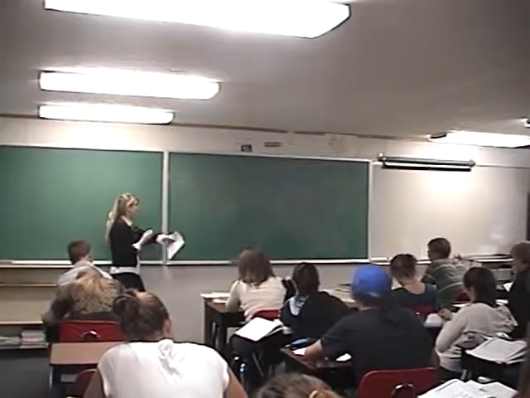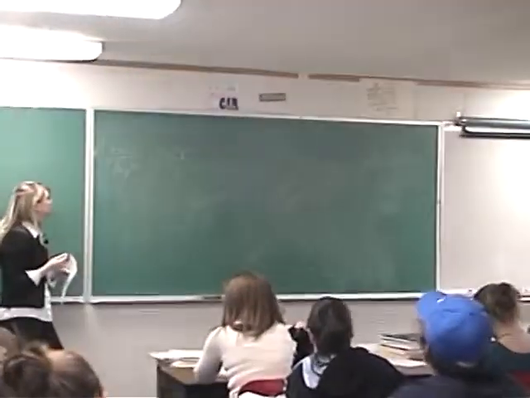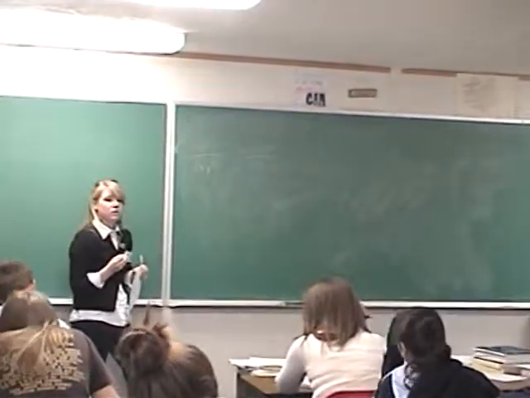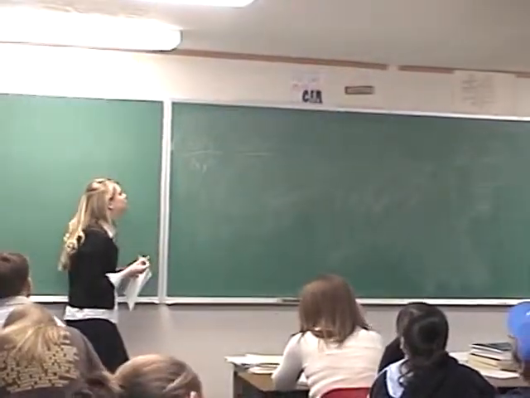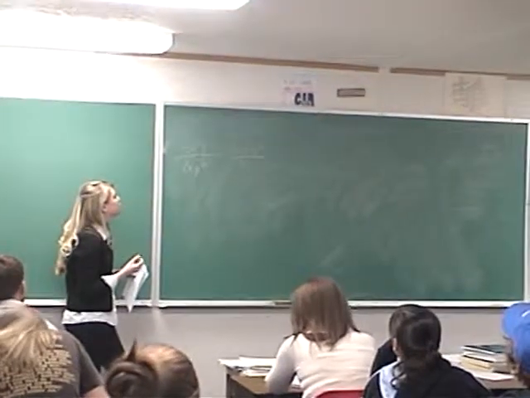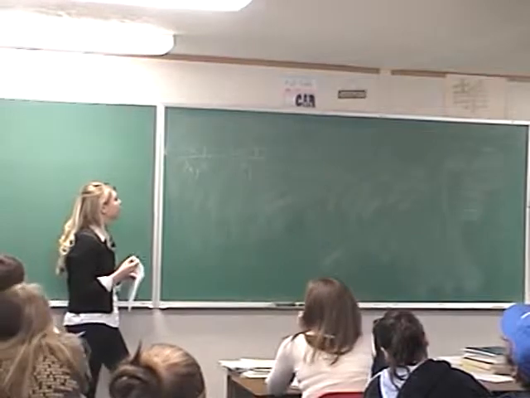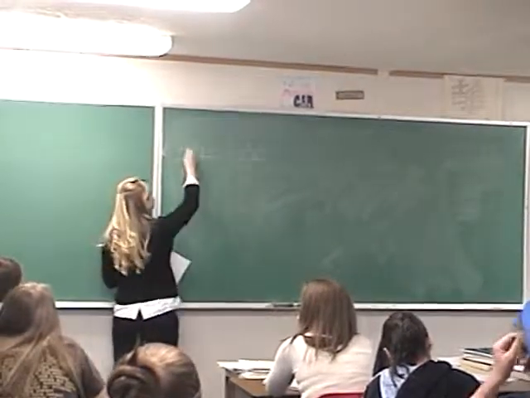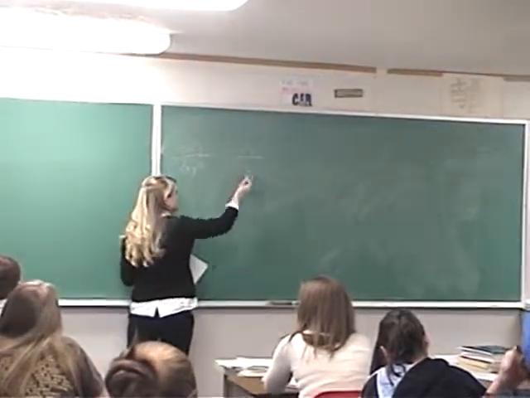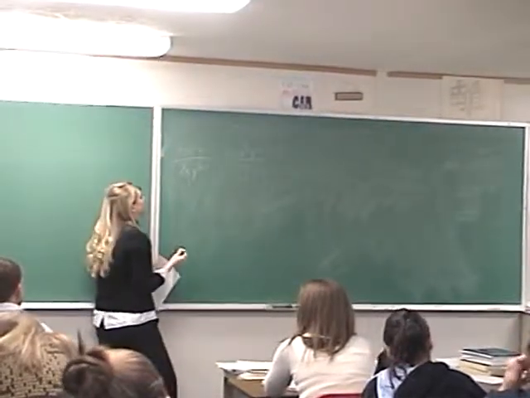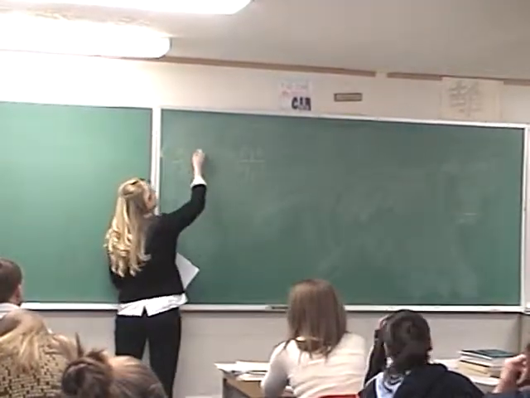What would be our first step? Do you want to cancel the 5y with the 10y? Yep. And what's that going to leave us with? 1 on top and 2 on the bottom.